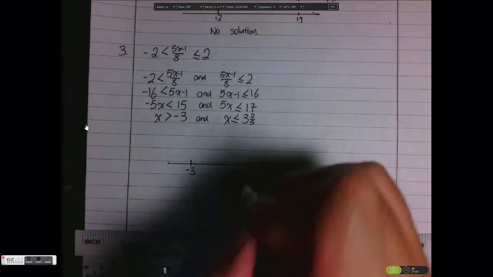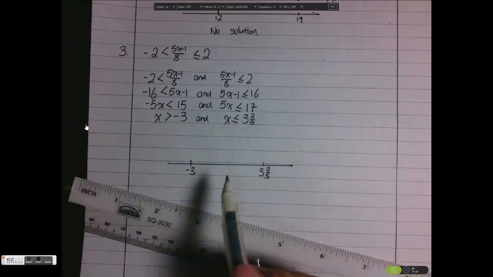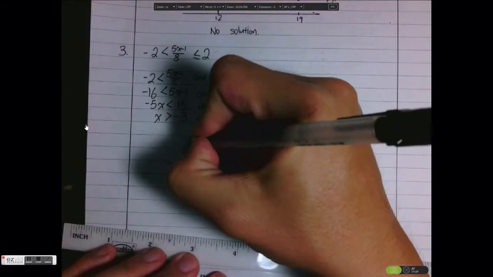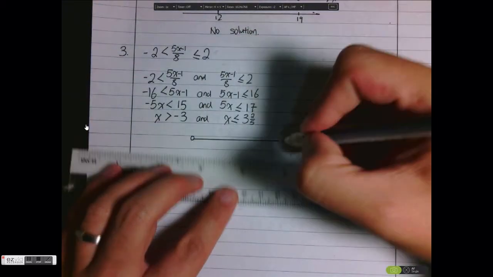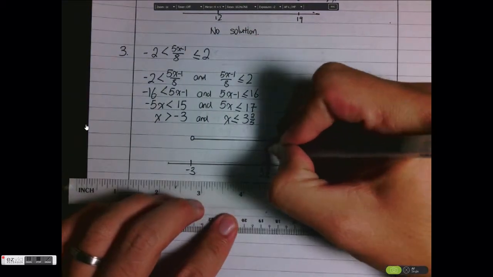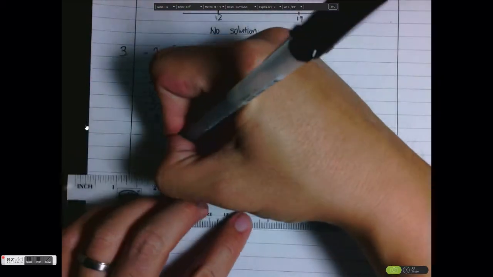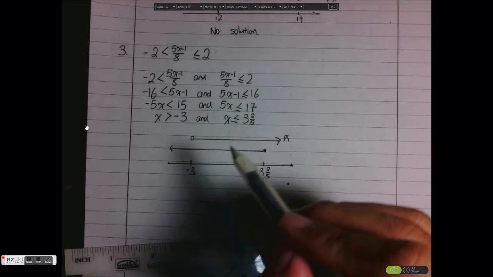Okay, let's locate. Negative 3 should be on the left, 3 and 2/5 will be on the right, 0 will be somewhere here, no necessity to draw 0. Okay, x is greater than negative 3 and x is lesser than or equals to 3 and 2/5. Once again, we look for the region where they intersect.